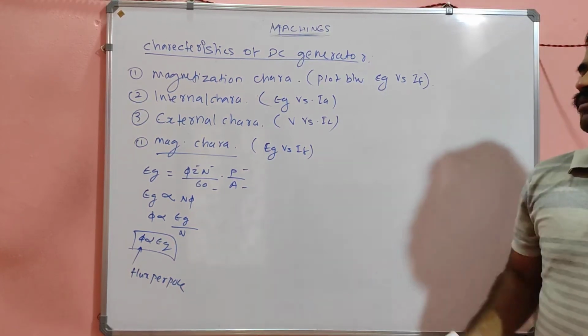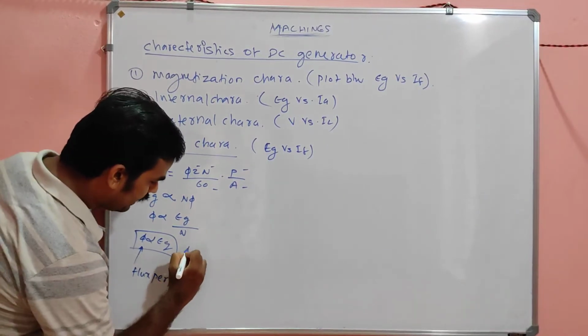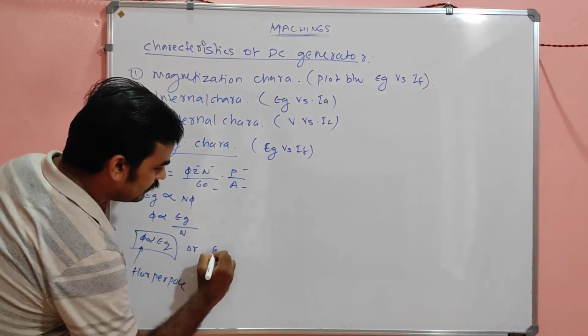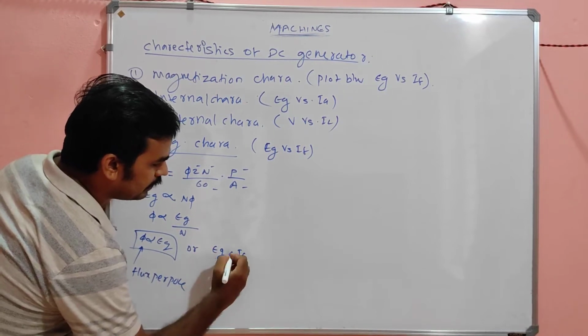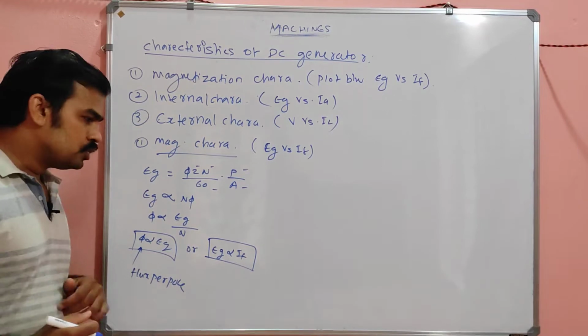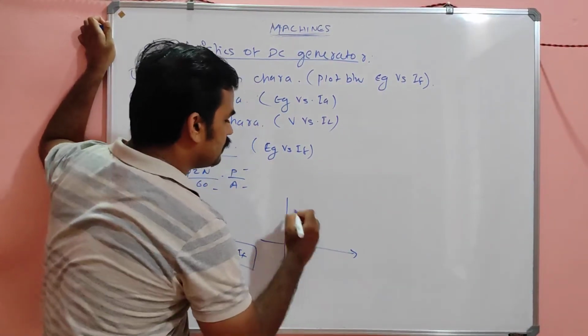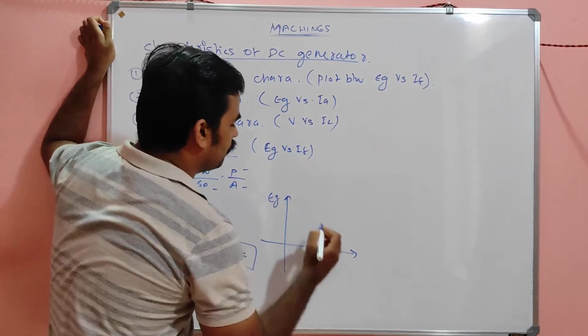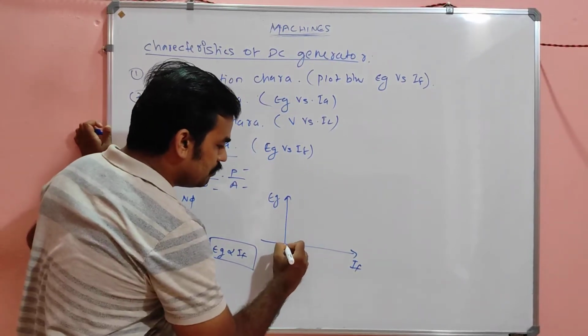So phi proportional to Eg means Eg is proportional to IF. If you plot a graph between these two, Eg and IF, suppose Eg you take on the y-axis and IF on the x-axis, so this will be the graph.